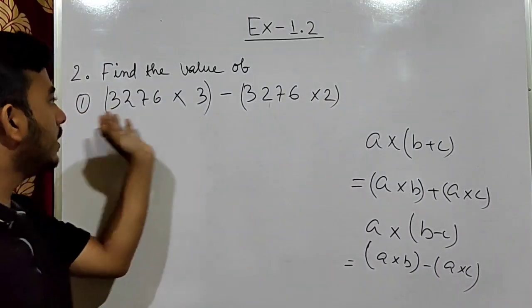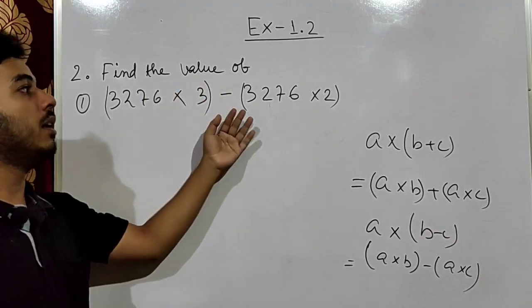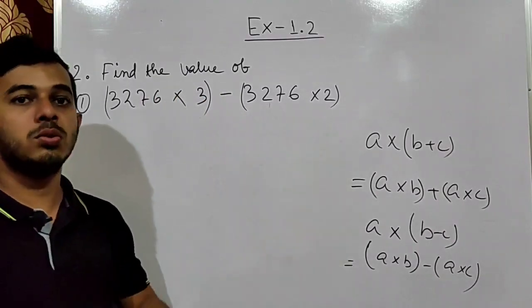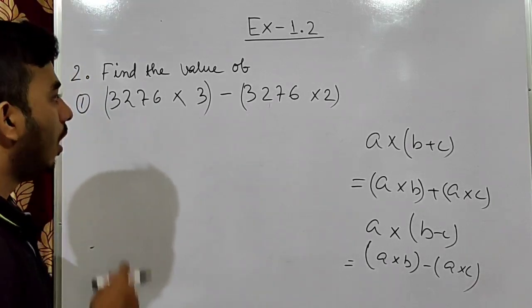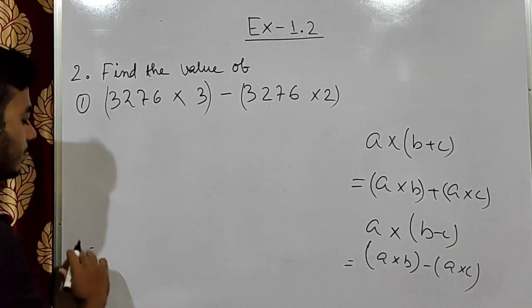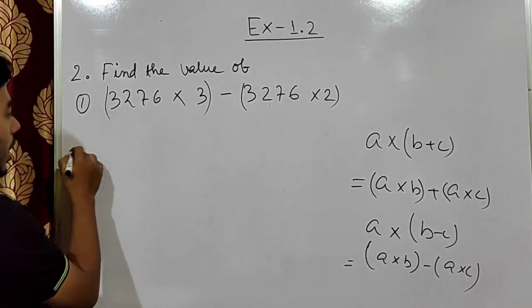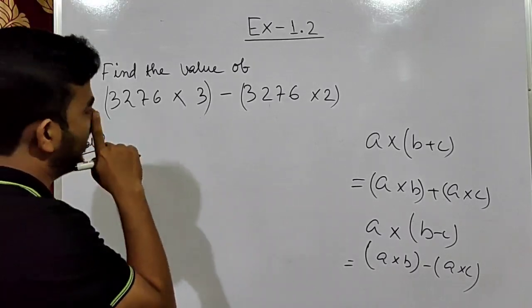Whether we multiply serially, that is first 3276 into 3, then 3276 into 2, like this, or any other way. We will choose the other way. Sorry for the disturbance. Look how we multiply. It will take only a few seconds.